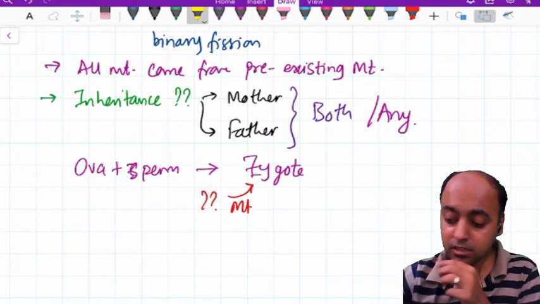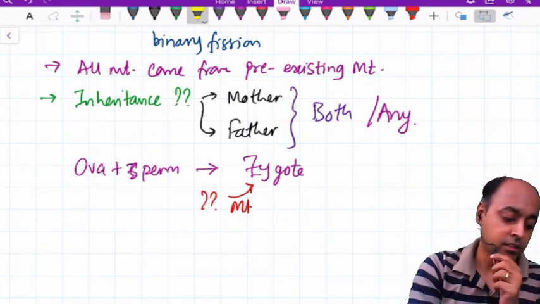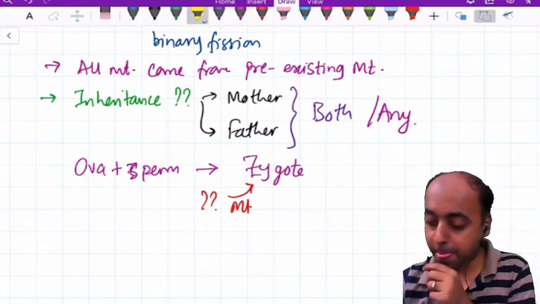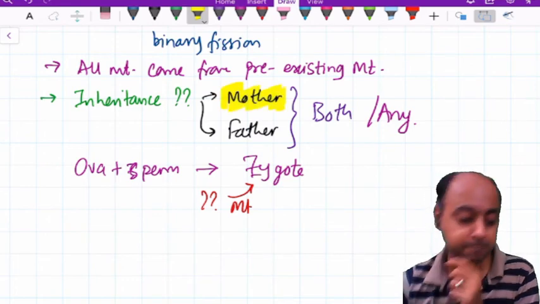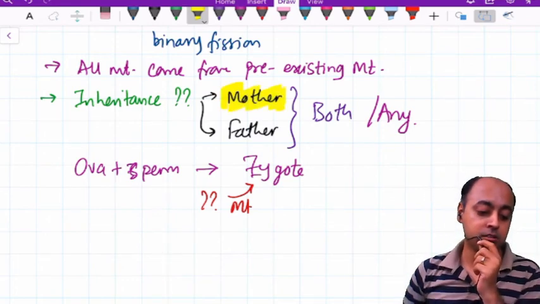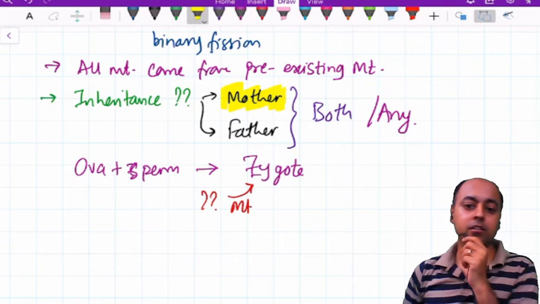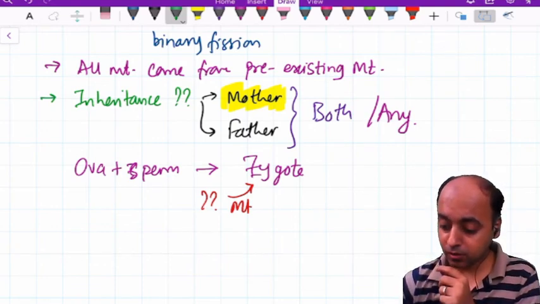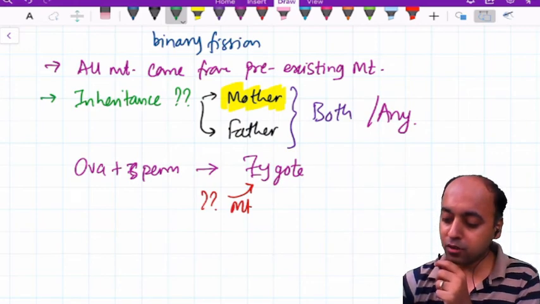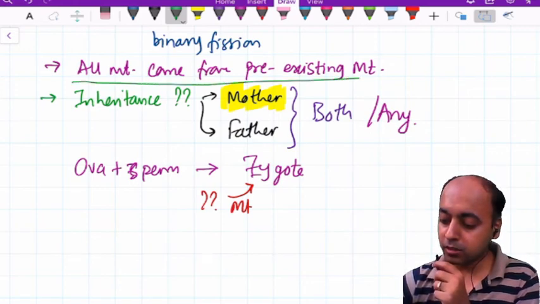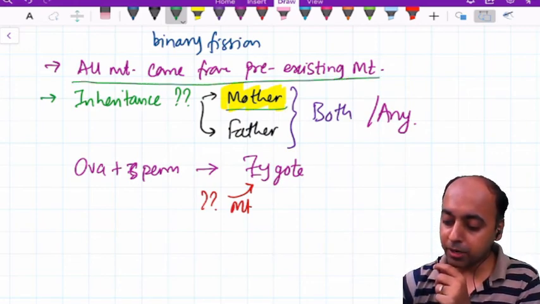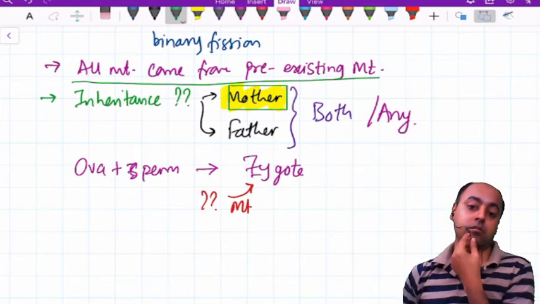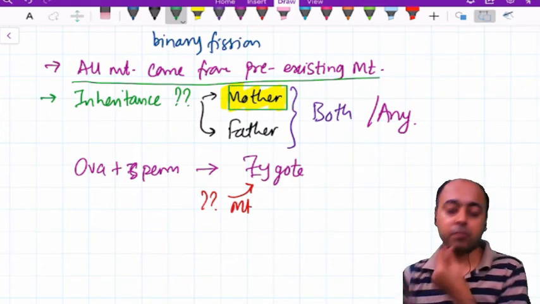So the answer is mother. Alright. So these are two important points. All mitochondria come from pre-existing mitochondria, and all mitochondria come from mother.